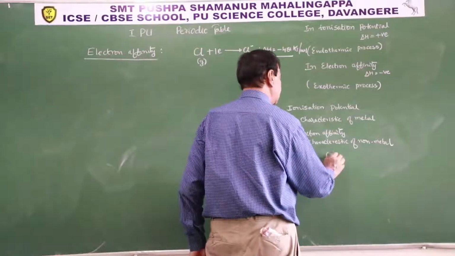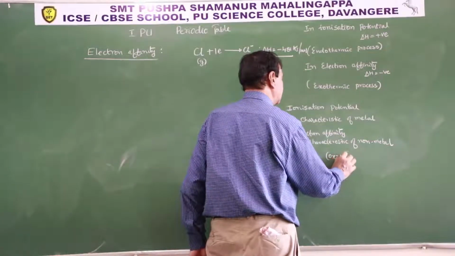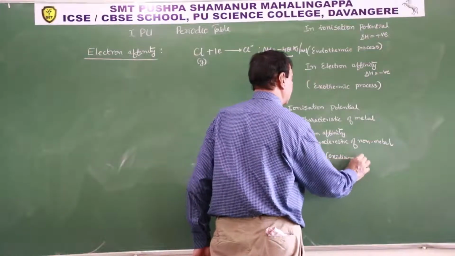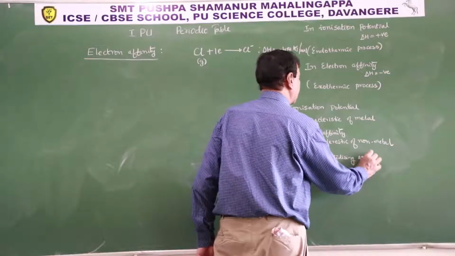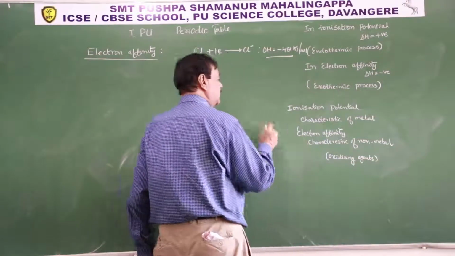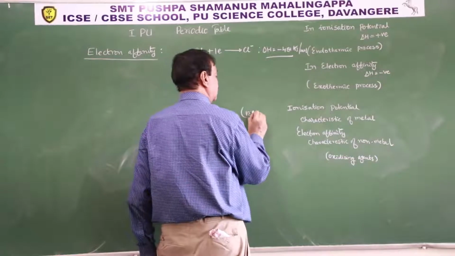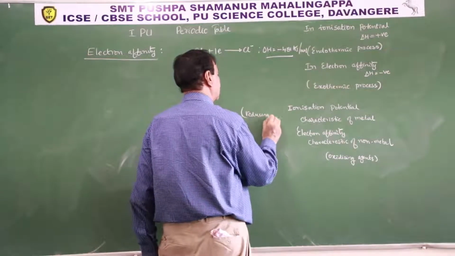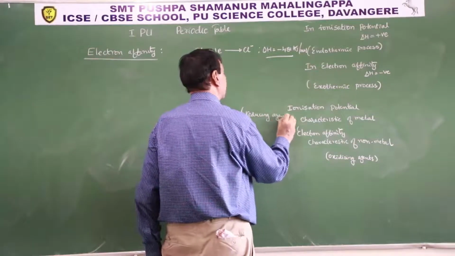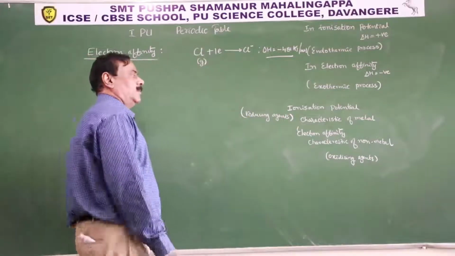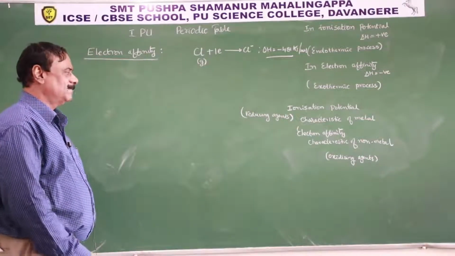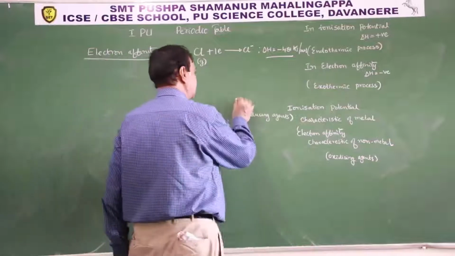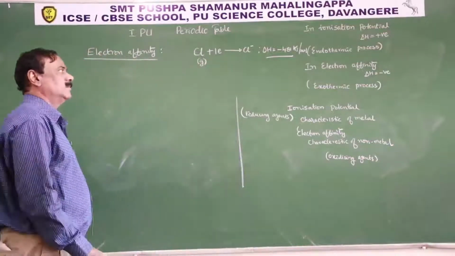Nonmetal means oxidizing agents. Metals mean reducing agents. Therefore, these are oxidizing agents and reducing agents.